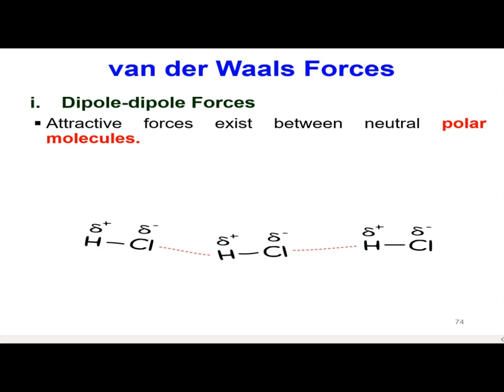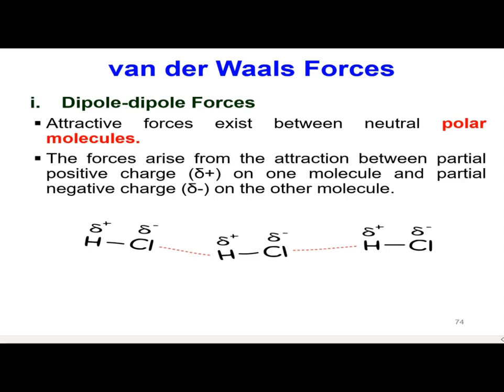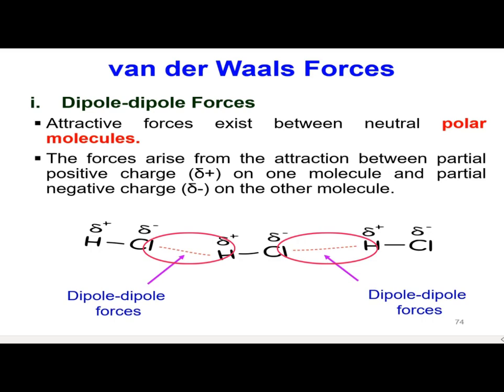We all know positive charge is attracted to the negative charge, isn't it? Therefore, dipole-dipole forces is the forces that arise from the attraction between partial positive charge on one molecule and partial negative charge on the other molecule.